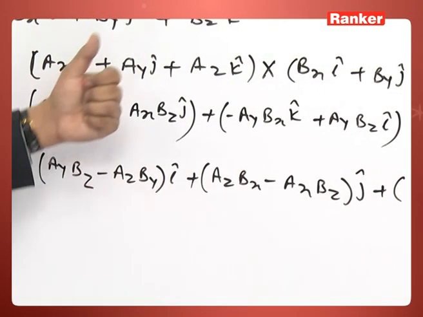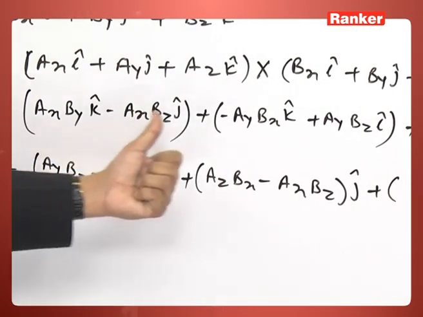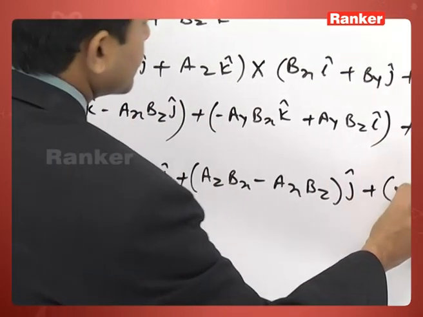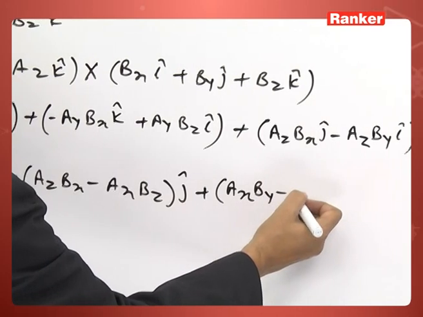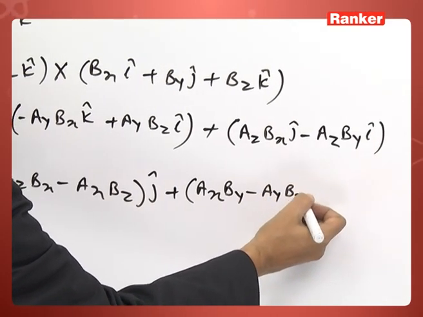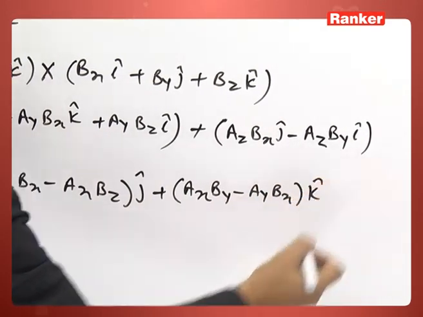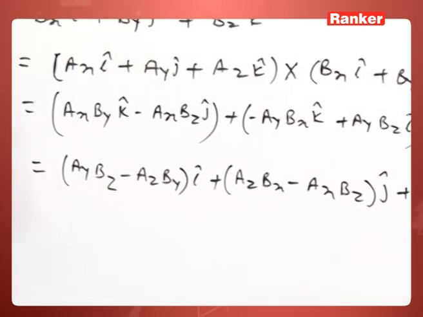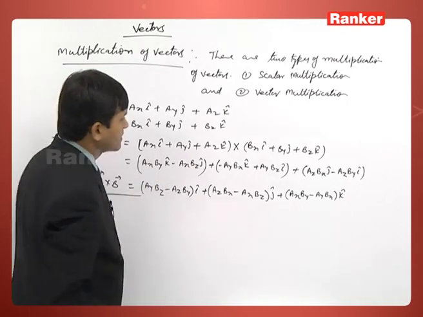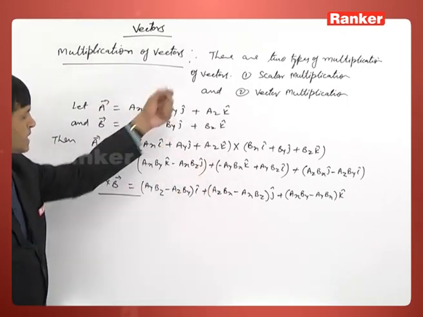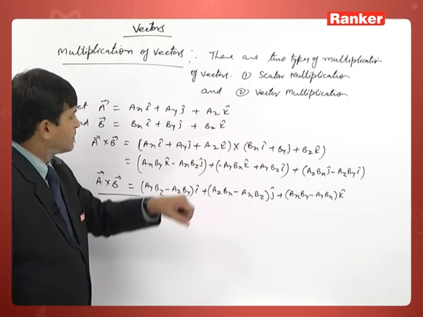Here k ax by, here minus ay bx, so (ax by minus ay bx) k cap. So, in fact, this is the answer of A cross B. So A cross B can be expressed in this form.